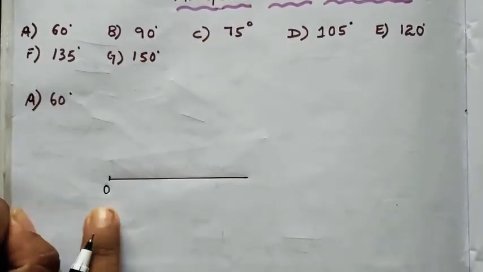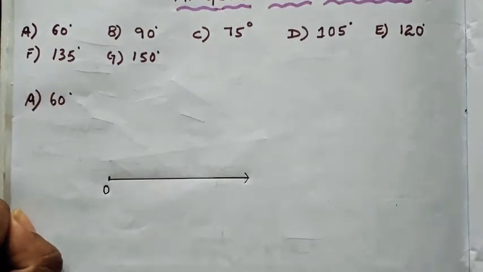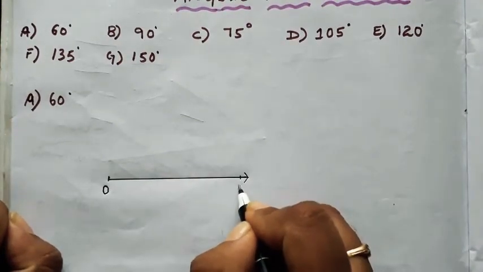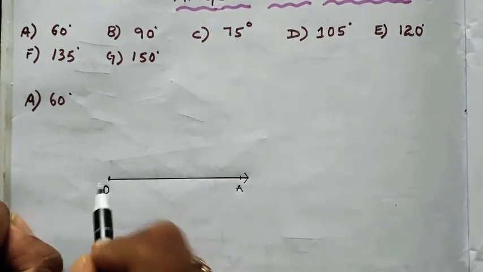Mark a reference point, that is O. Make this line a ray. You can mark any point here, that is A. Now this is our reference point.